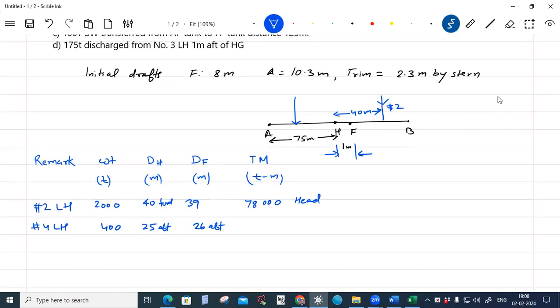I think it is better to write forward and aft. So what is the trimming moment? It's 400 into 26, 10400. Now, what will be the direction? Stern. Make sense? Yes.